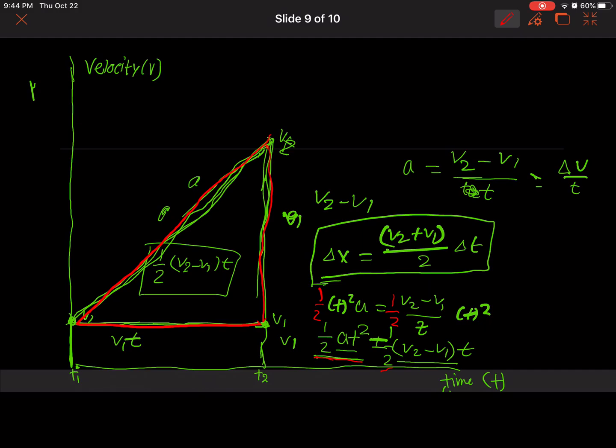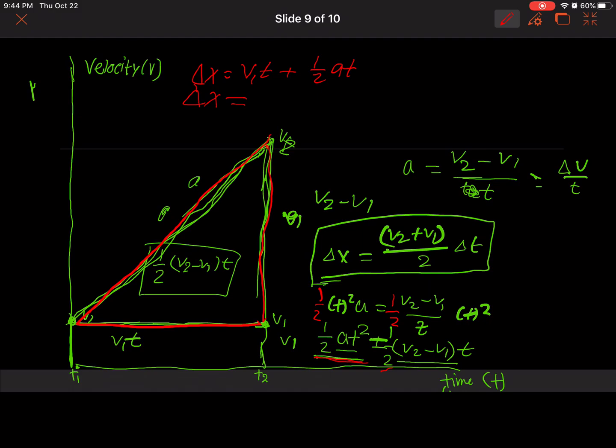So the area of the triangle is half times acceleration times time squared. So the distance traveled, with acceleration, initial speed, and time given, is equal to the initial speed v1 t plus half a t squared. And we have a second formula that also does that.